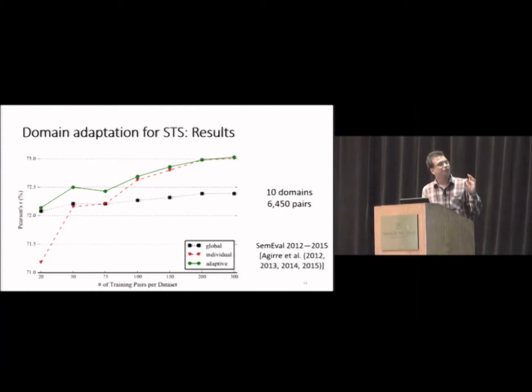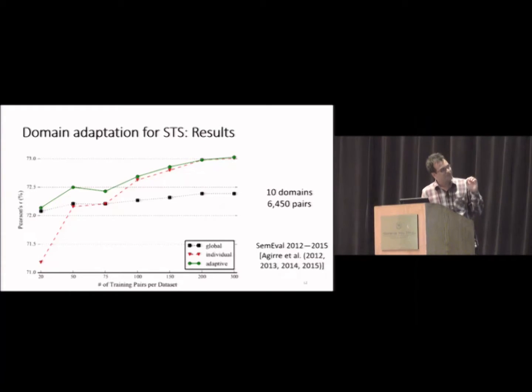The black curve shows the performance of a basic linear regression model if you train it on annotations from all domains. The red curve shows the same model but trained only on in-domain annotations, and the green curve shows the domain adaptive model.